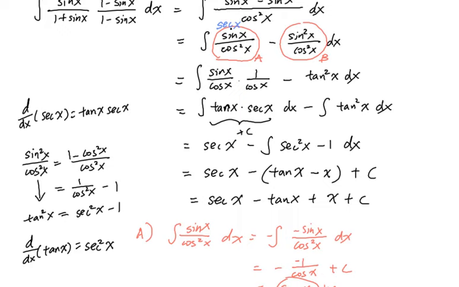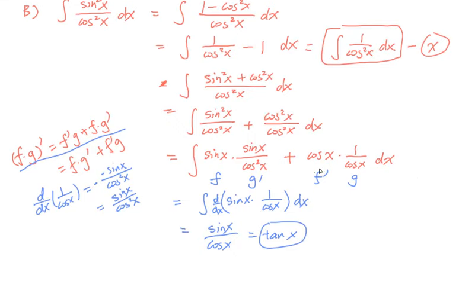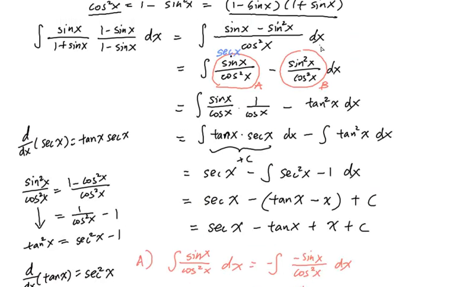It's going to be tangent x minus x. Of course, inside is minus, so we put parentheses around. So this is going to get us the same thing as we have gotten using the integration of tangent and secant.